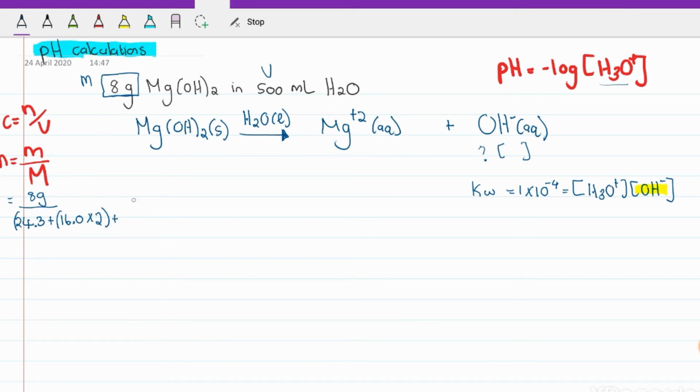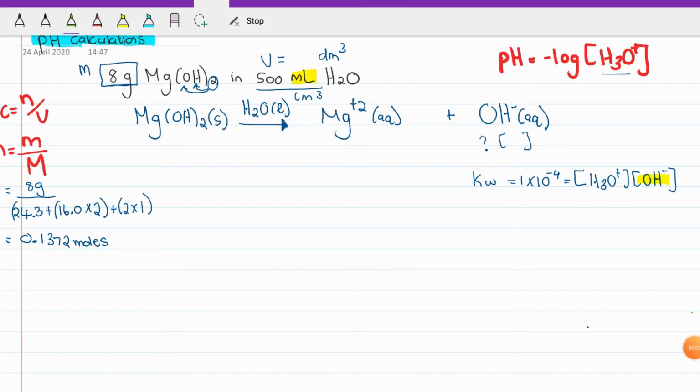And plus, remember this is times 2, because there's 2 oxygens and 2 hydrogens. So it's 2 times the molar mass of hydrogen, which is 1.01, or I'm just going to use 1 for the purposes of this calculation. So if you work out the moles, then you will calculate 0.1372 moles.